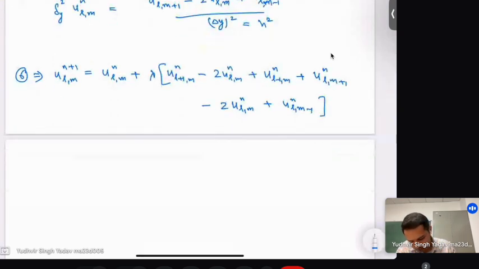So this one is nothing but the schematic scheme, as you have already seen in the case of the one-dimensional heat equation. This one is with respect to the two-dimensional heat equation.